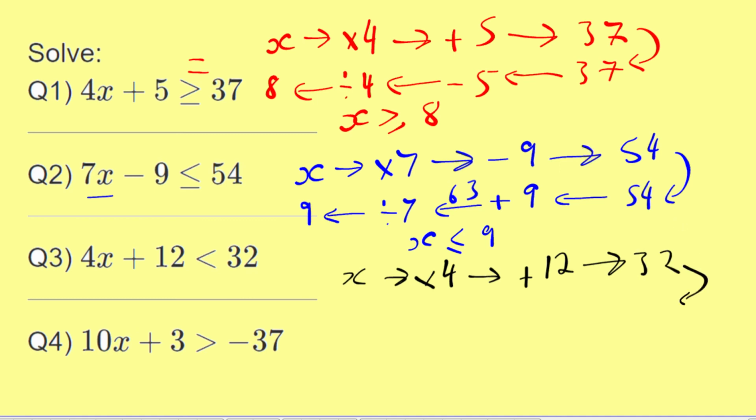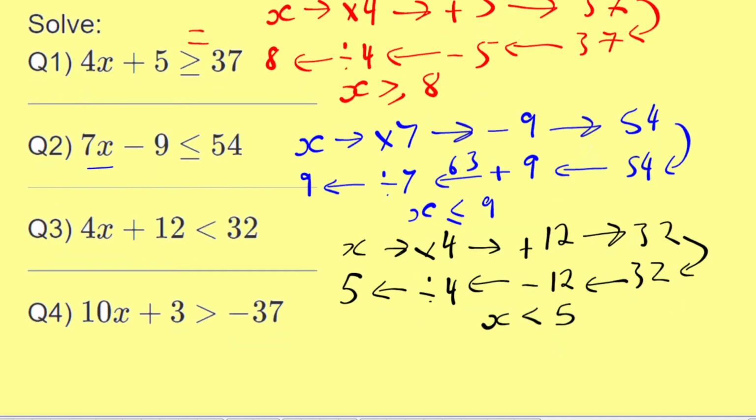Coming back the other way, we've got 32. We're going to subtract 12, then we're going to divide by 4, and that's going to give us x. 32 subtract 12 is 20. 20 divided by 4 is 5. So x is less than 5.